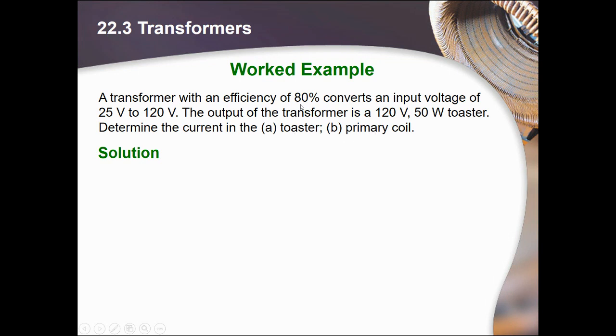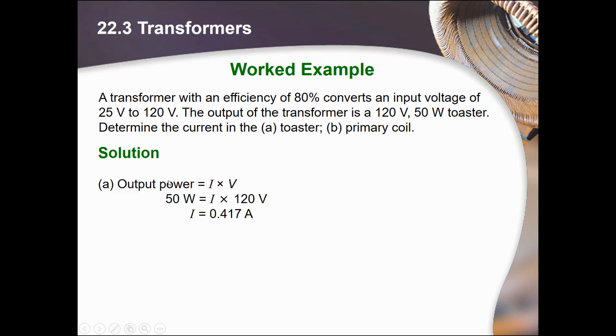In this case, only the transformer is 80% efficient. Immediately you should be able to see that the input voltage changing from 25 to 120 volts is a step up transformer, and this transformer is connected to this 50 watts toaster.